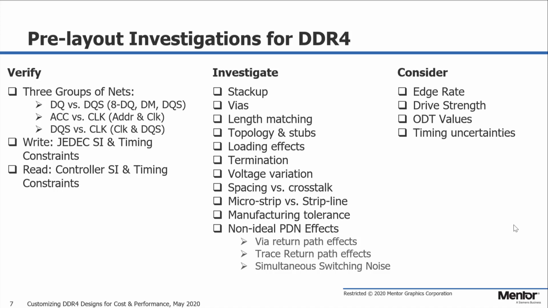You also need to know if your controller can perform leveling for DQS and clock signals and per bit calibration for both read and write data bits. Based on this info, you will be able to make the proper design choices. For example, if your controller can perform per bit or per byte calibration, then the length matching within a byte lane doesn't need to be too stringent.